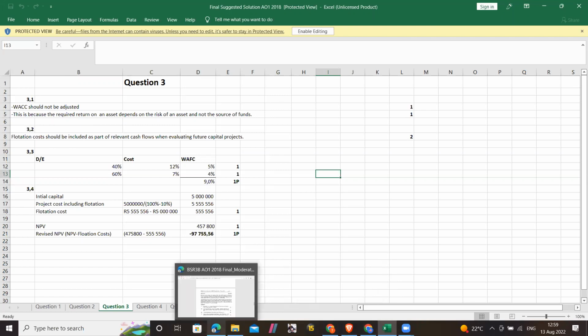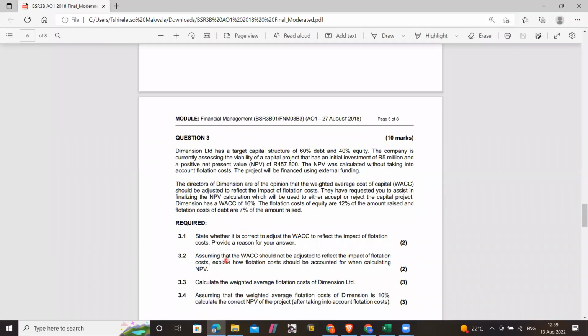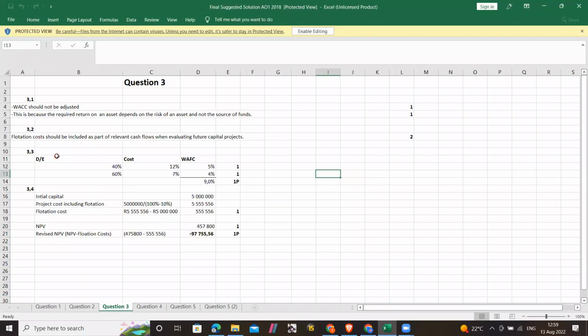Then you can go to the next one. Assuming that the WACC should not be adjusted to reflect the impact of flotation cost, explain how flotation cost should be accounted for when calculating NPV. It's the same thing like I said there: flotation cost should be included as part of relevant cash flows. Why? Because flotation costs are not really a cost of capital.